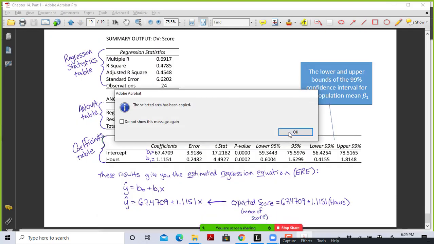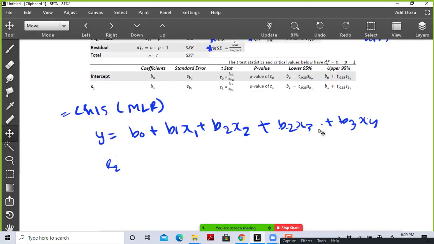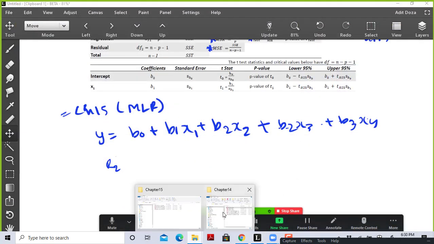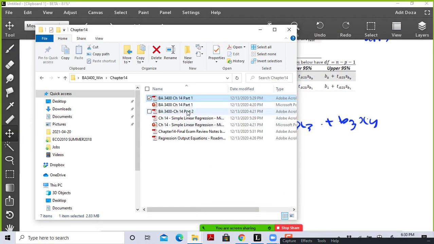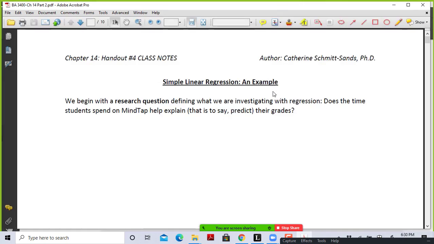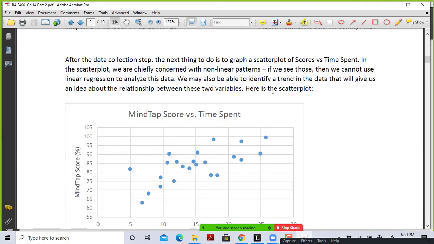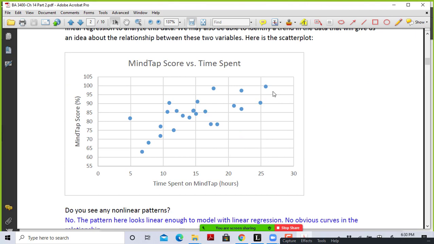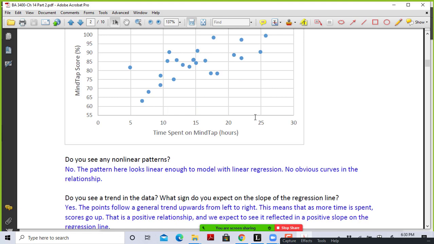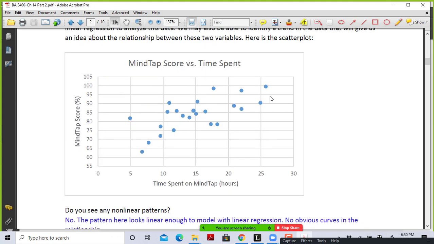So that was chapter 14 part 1. I have already said, can we plot this? Why not? Because we don't see a linear pattern.